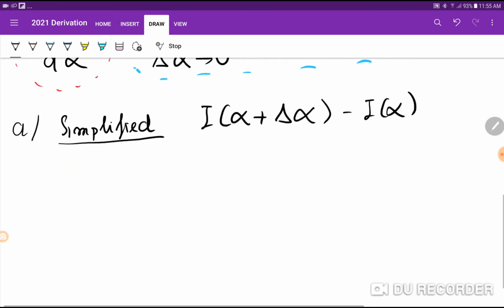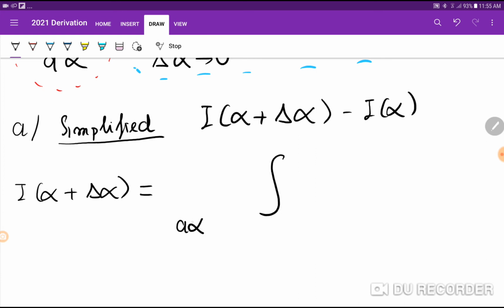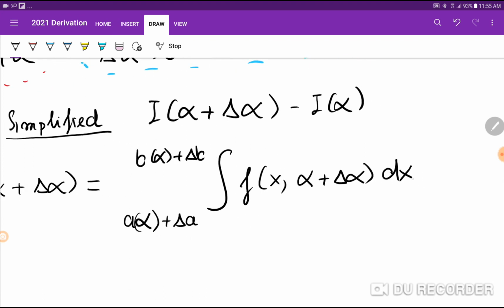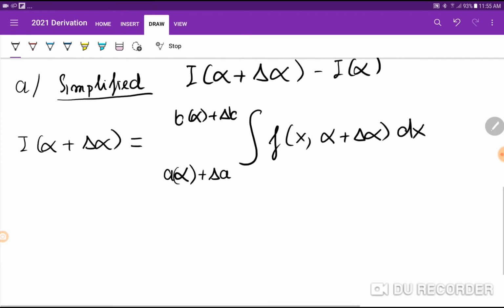So I(alpha plus delta alpha) equals the integral from a(alpha plus delta a) to b(alpha plus delta b) of f(x, alpha plus delta alpha) dx. Okay, you agree with me?